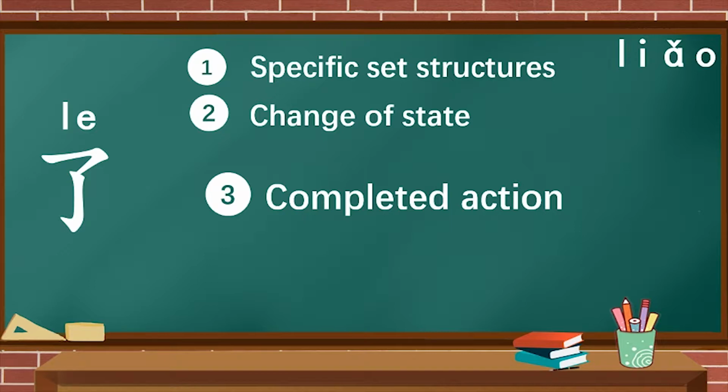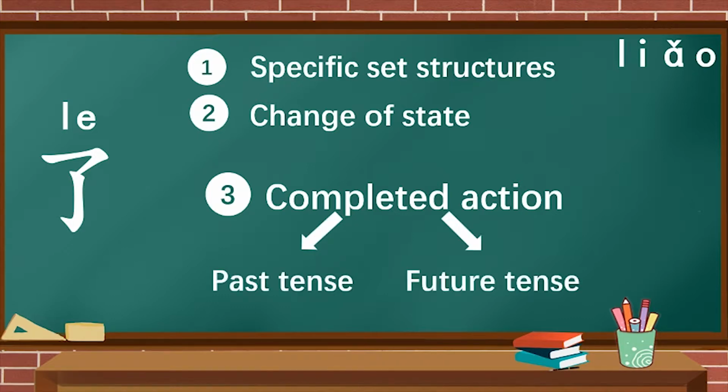This kind of le is used to indicate that an action is completed, and it has nothing to do with the tense. So I will give you a few examples of past tense and future tense. First, past tense examples.